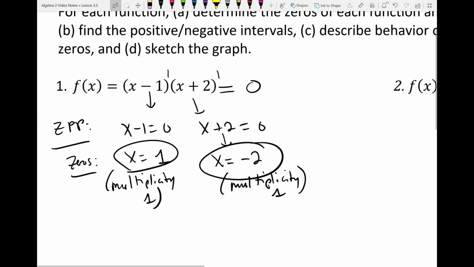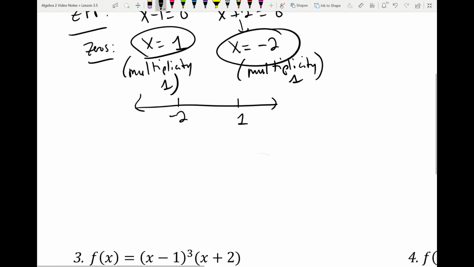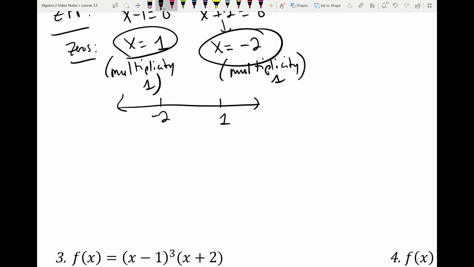Now part B, find the positive and negative intervals. This is where we're going to use the number line. We have 1 and negative 2, and now let's plug in numbers.